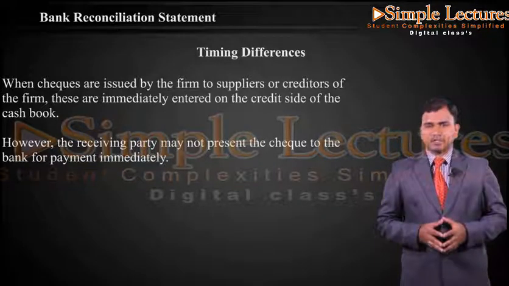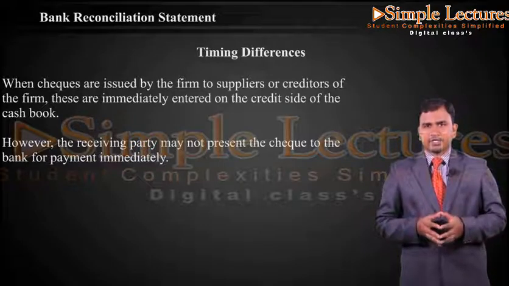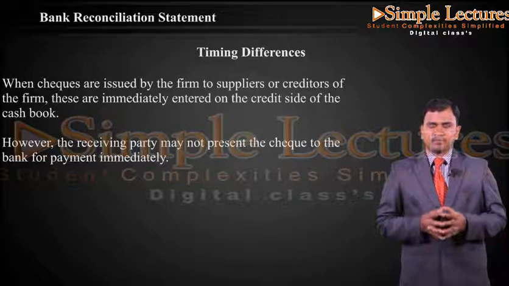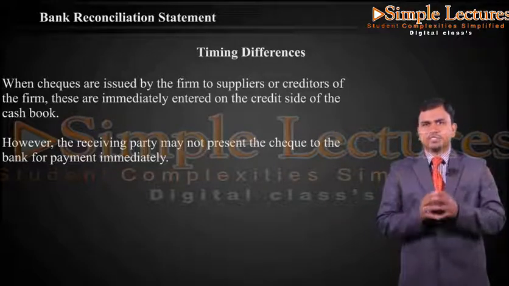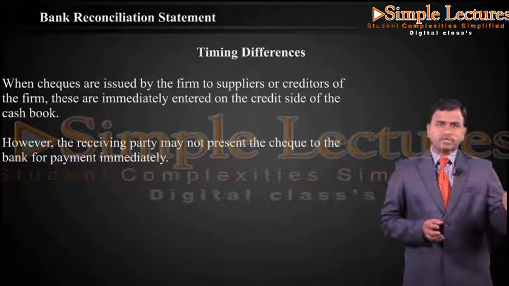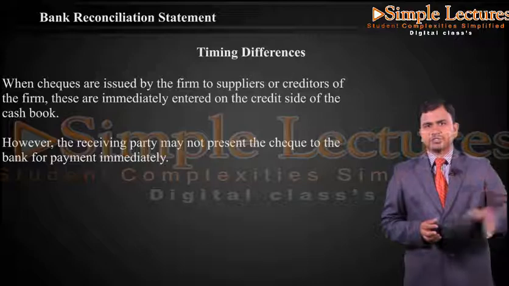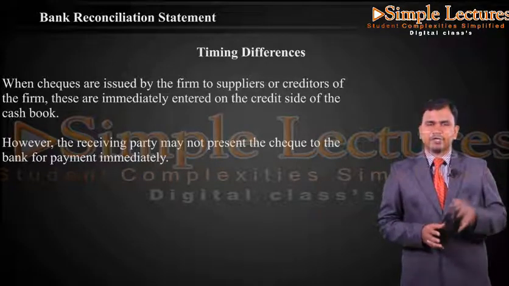What it means is, for the payment we are supposed to make to the supplier or the creditor, we give a check, but that person does not deposit or present the check in the bank immediately. But when we give the check, at that time itself we show on the credit side of the cash account that the payment has been made to the supplier.